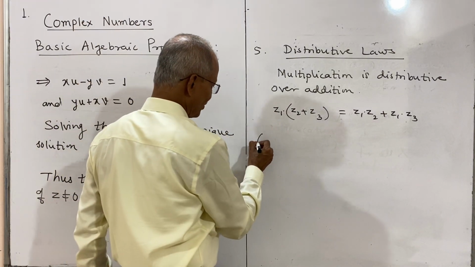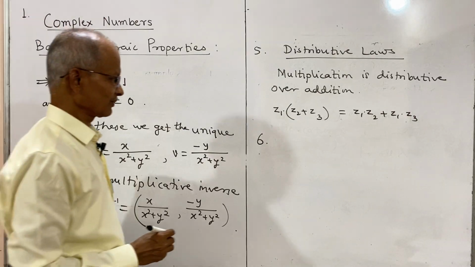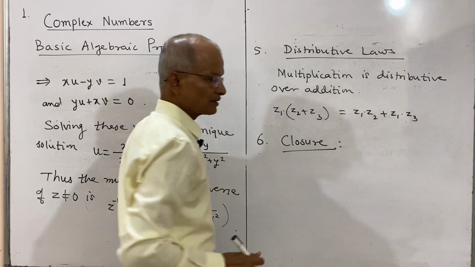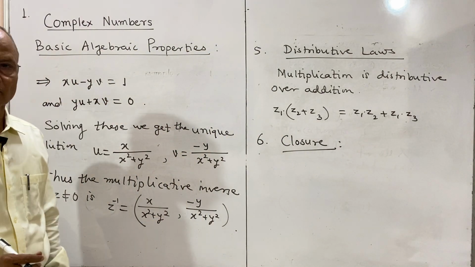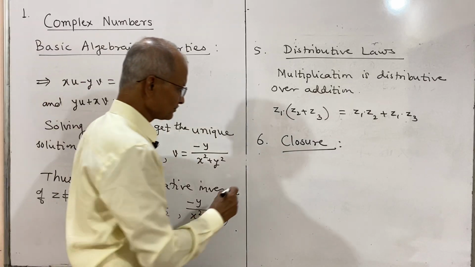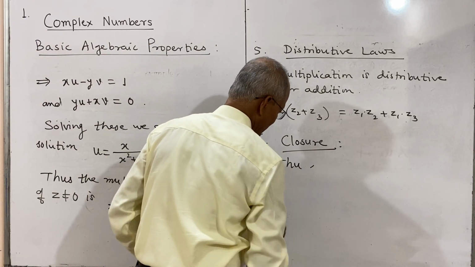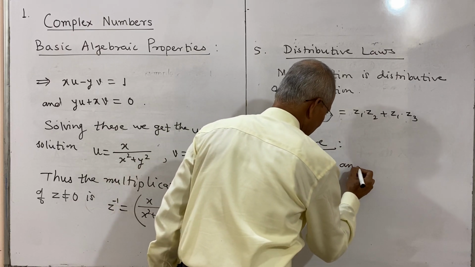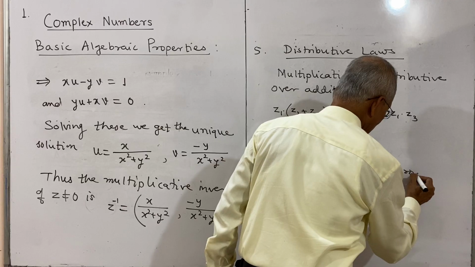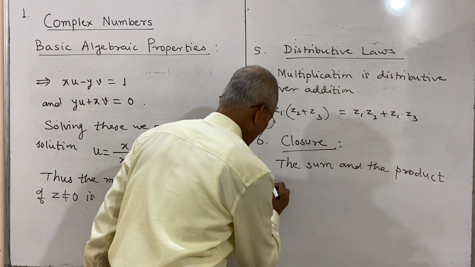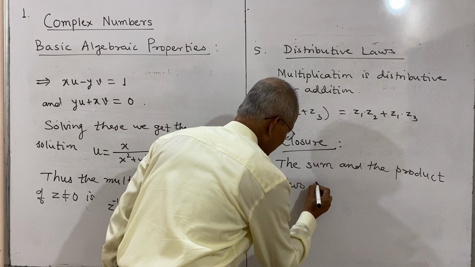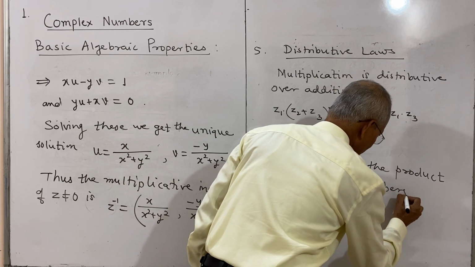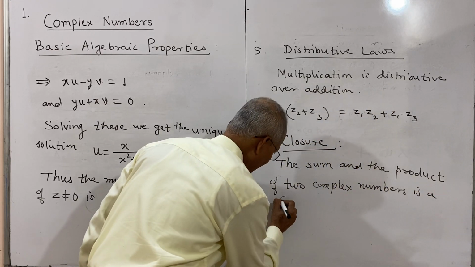And one more we shall mention is the closure property, which is easy to verify. Closure: the sum and the product of two complex numbers is again a complex number.